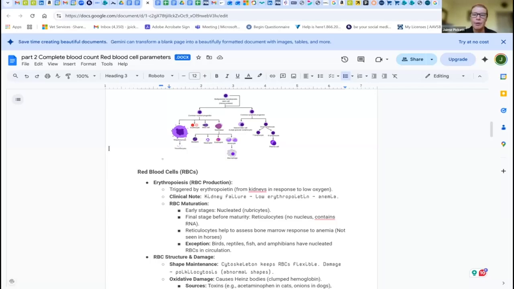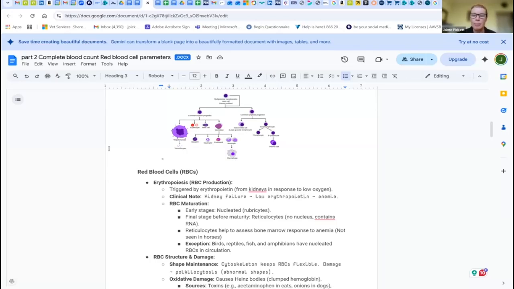As red blood cells mature, they go through several stages. Early on, they're nucleated. You'll hear them called rubricytes. The last stage before becoming a mature red cell is the reticulocyte, which still contains some RNA. Reticulocytes are incredibly useful because they tell us whether the bone marrow is responding to anemia.